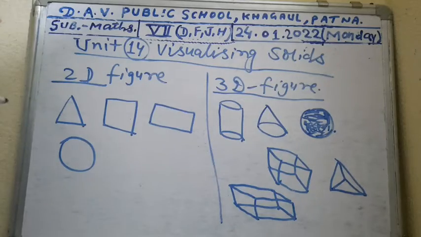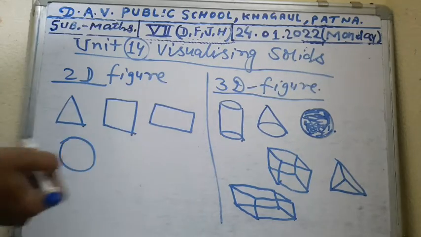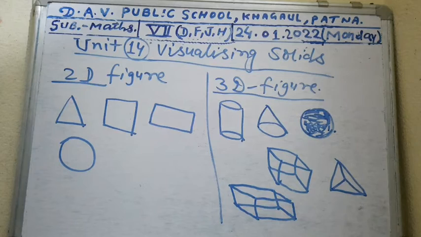So these all are examples of 2D figures and these all are examples of 3D figures that we taught in the previous class.